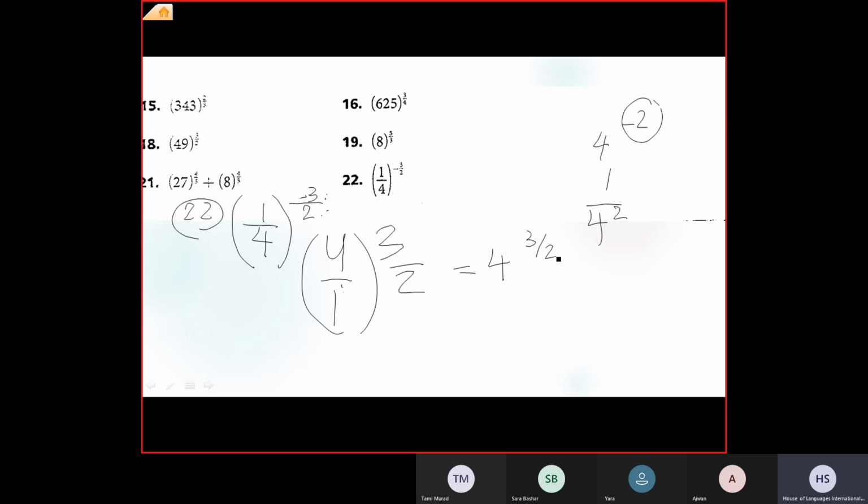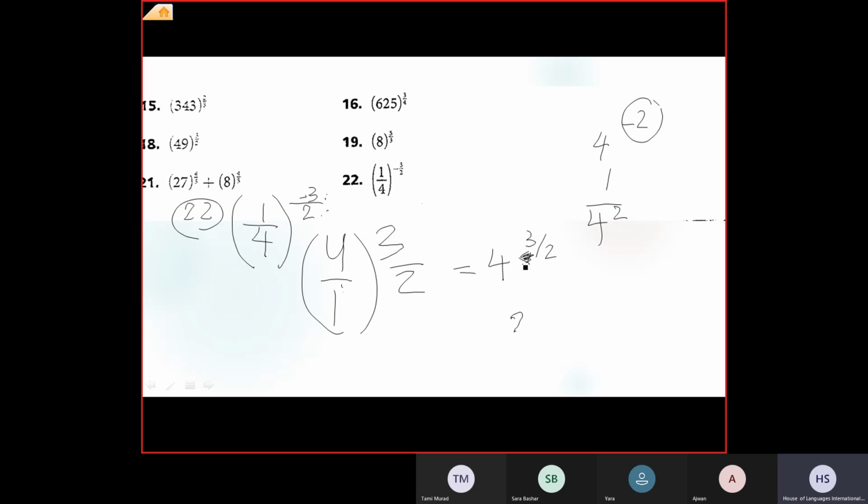Yeah, continue. This is here, 4 raised to power 3 over 2.